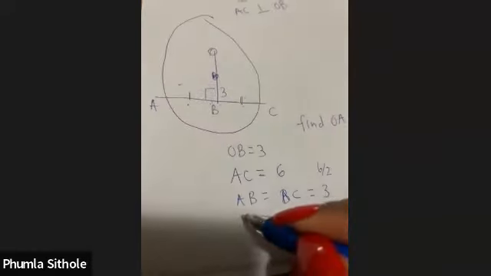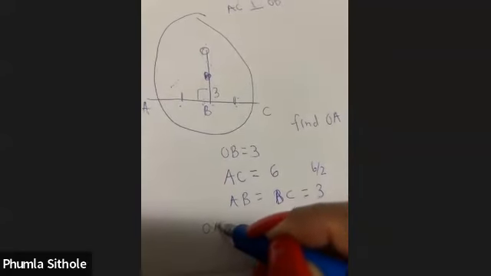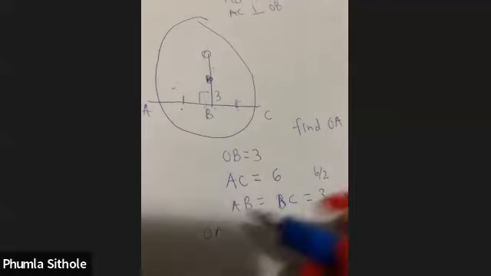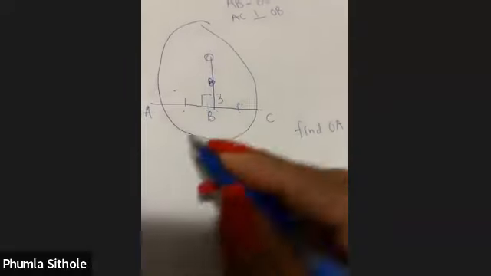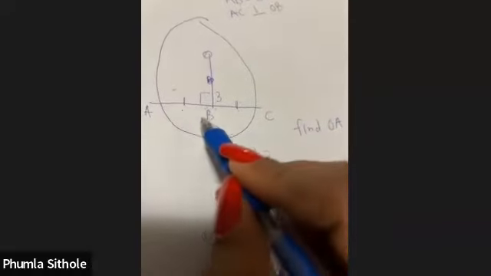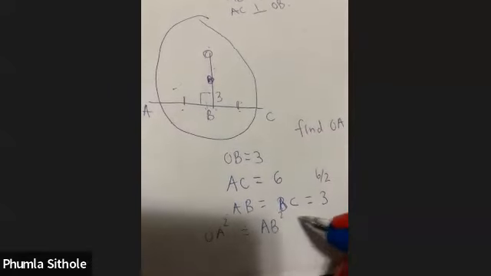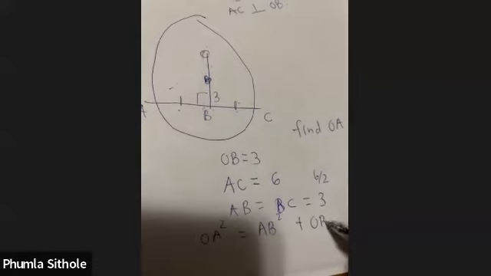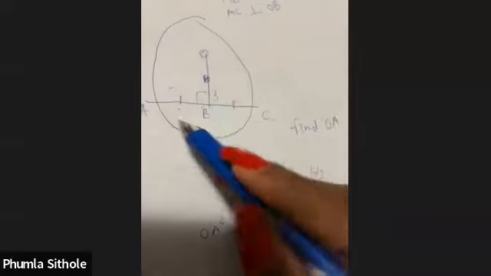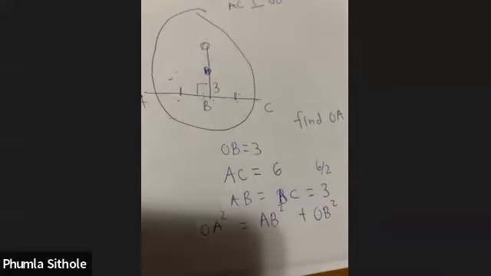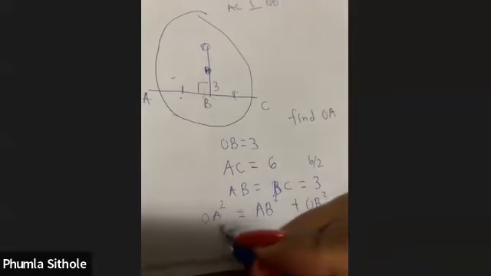So if you were to write it, you have to say OA, the one that we're looking for, which is a hypotenuse in this case, squared is equal to the other two that you are given, the horizontal and the vertical. So you have AB squared plus OB squared. Then you substitute everything. We do have all our values. So for this one, I took it from my head. So this is the application for these ones. You just plug everything in.